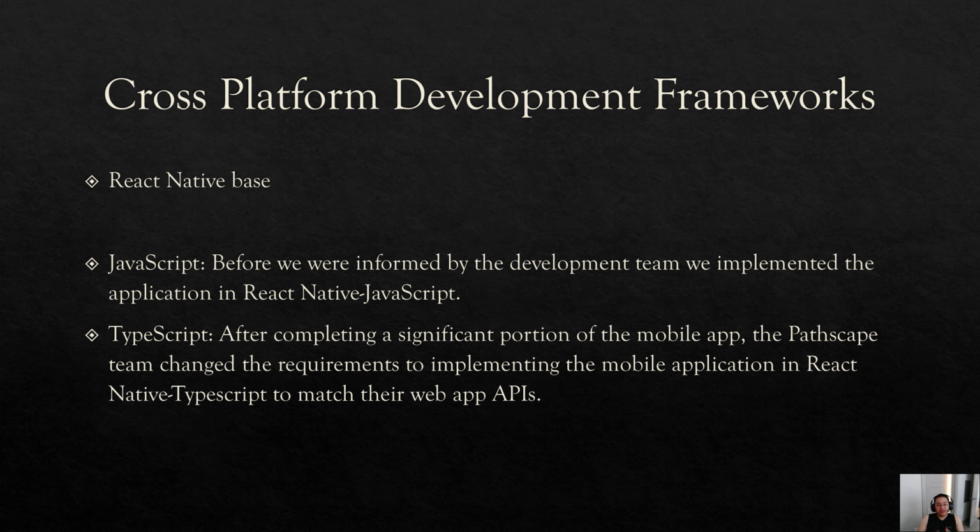So we had to pivot and change over to TypeScript, and we basically did a transition. It wasn't too bad. Half of our team continued development in JavaScript, creating new pages, and the other half of the team performed the conversion, creating a TypeScript version, the desired version for the development team.